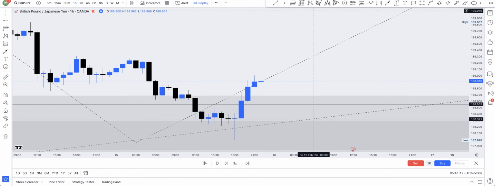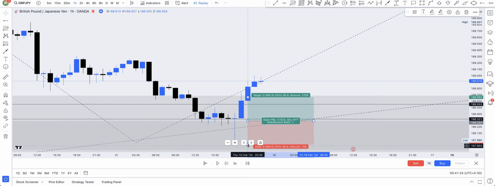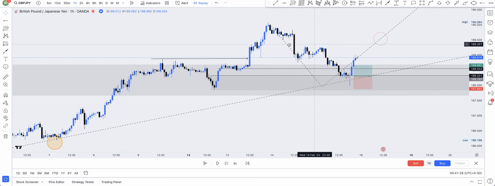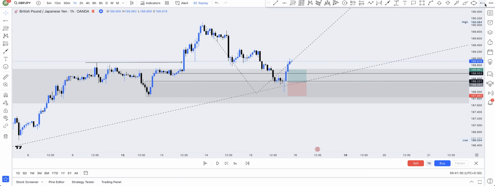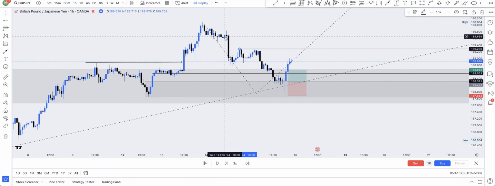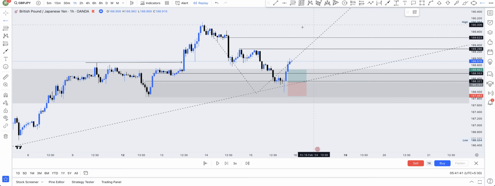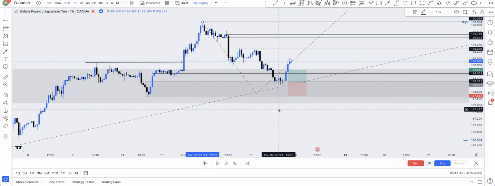So right after seeing this, what do I do? I'll just pull out my long position and drop it here, my SL a little below the indecision candlestick, then my first take profit will be at this point, my second take profit to be somewhere here, then my third take profit will be to the high at this point.